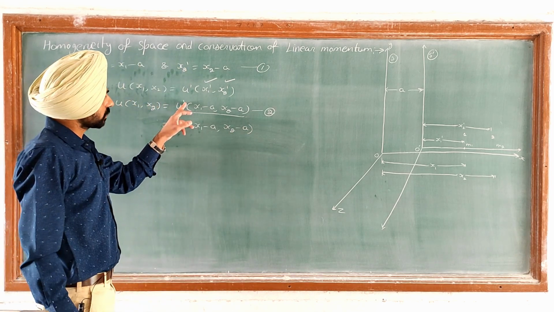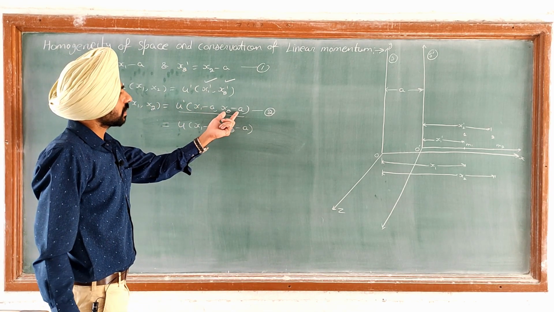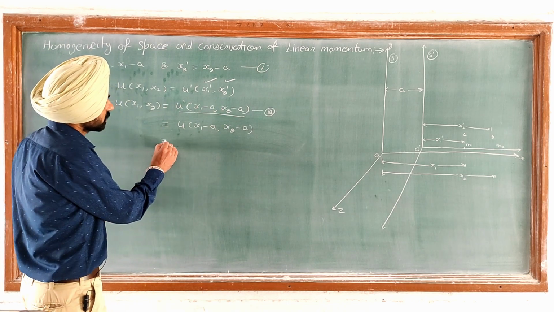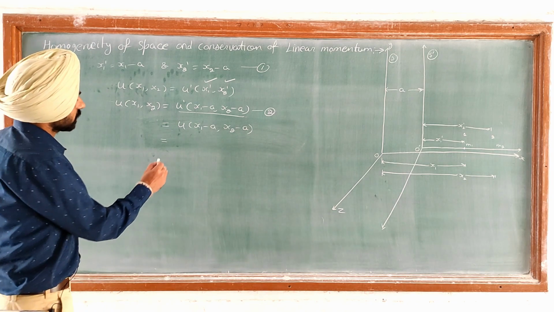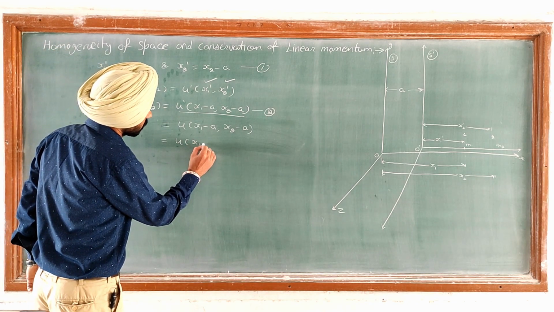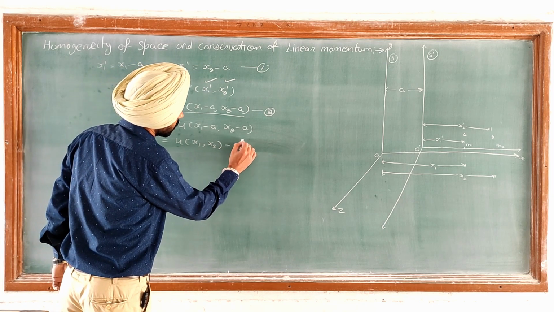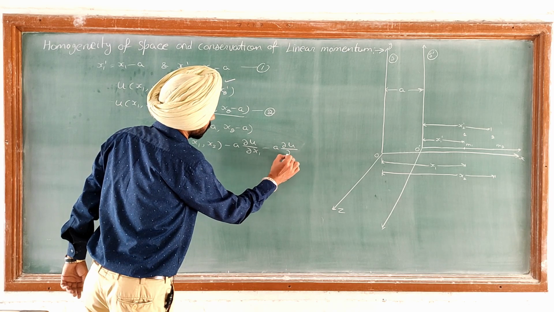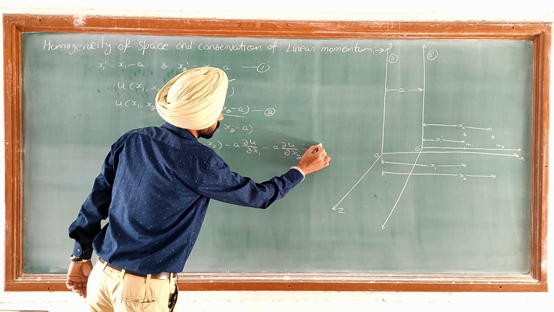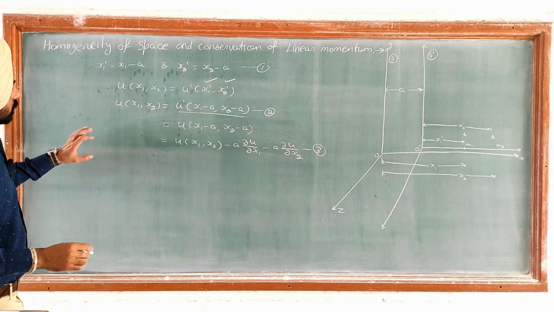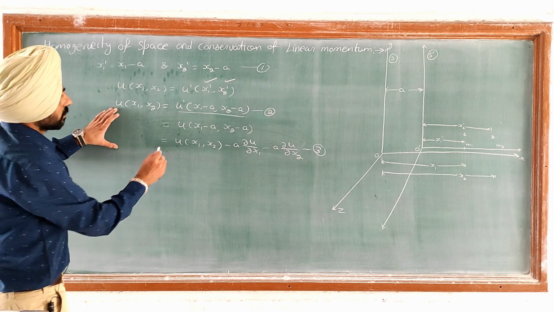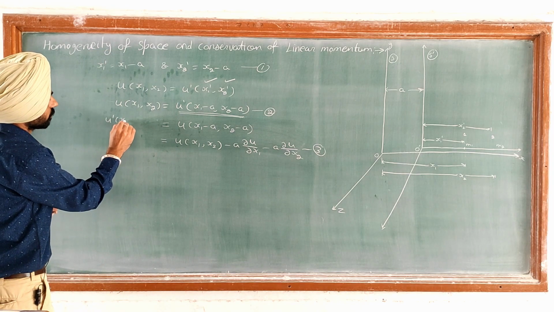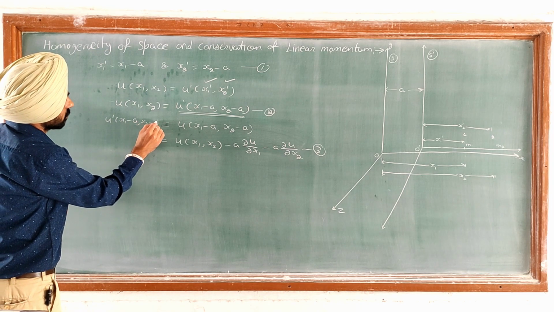I removed the prime because now it is a function of unprimed quantities, so I reduce U prime to U. Now with the help of Taylor series we can write it as U(x1, x2) minus a ∂U/∂x1 minus a ∂U/∂x2. Let it be equation 3. Here I have reduced this form. What was this? This was U prime (x1 minus a, x2 minus a).